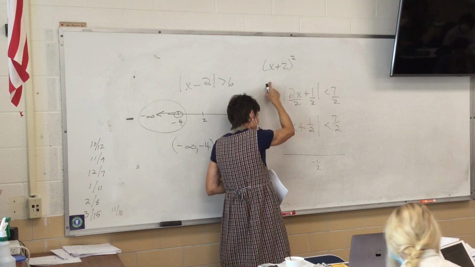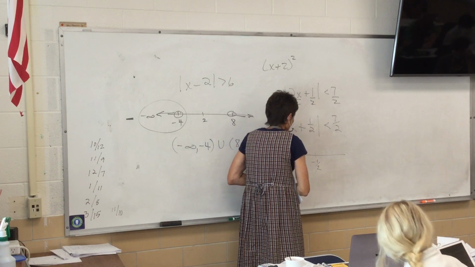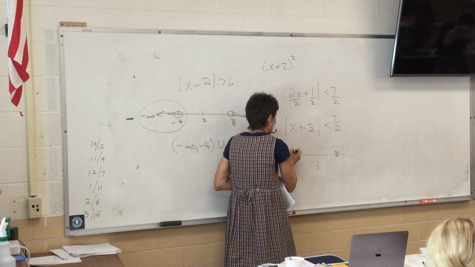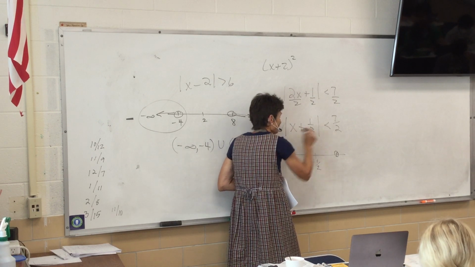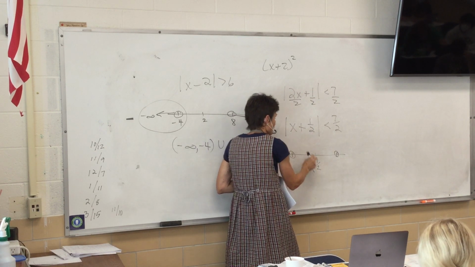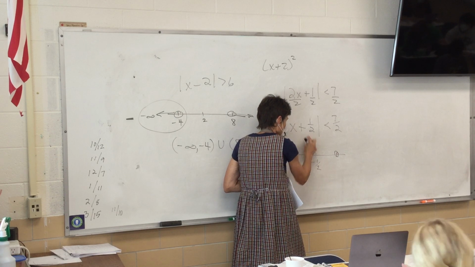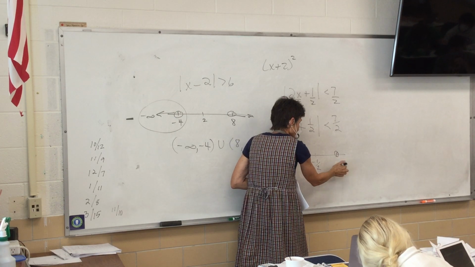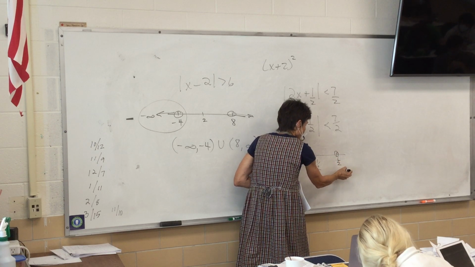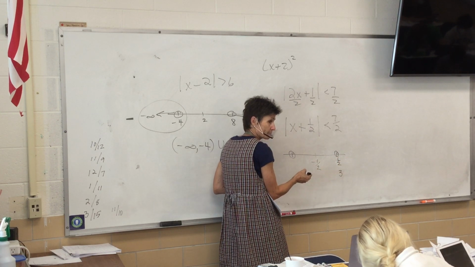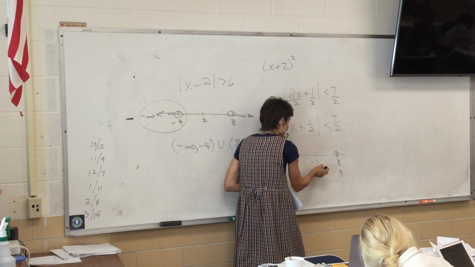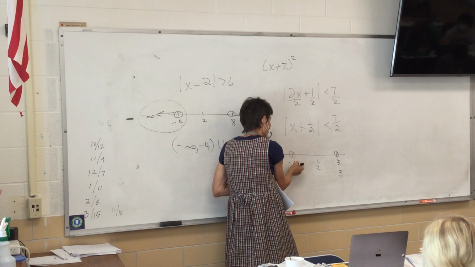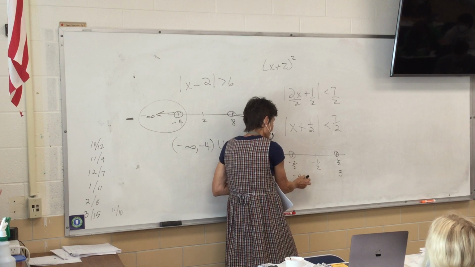So -1/2, and then I'm gonna count back and forth 7 halves. So -1/2, which is my starting point, plus 7 halves would put me at 6 halves or 3. And -1/2 minus 7 halves would put me at -8 halves or -4.